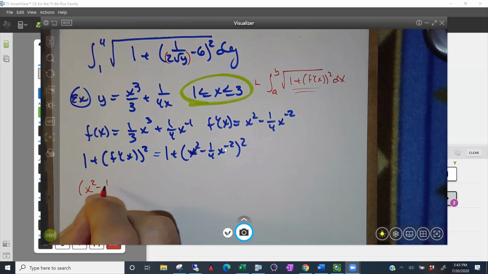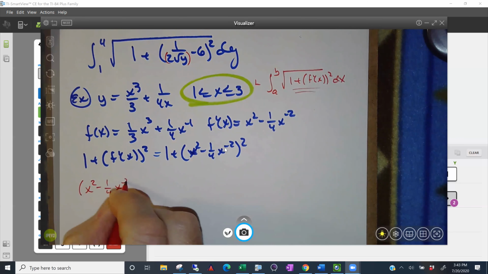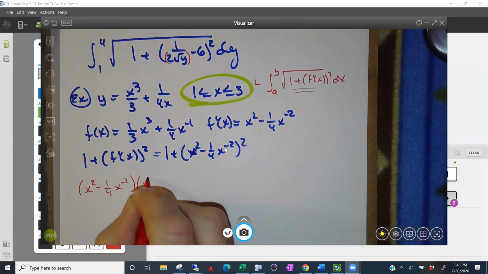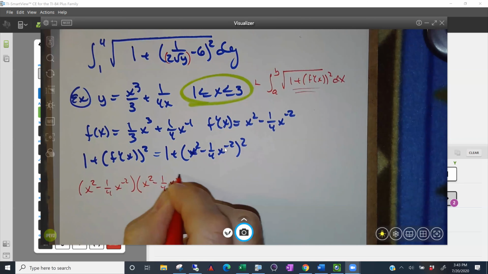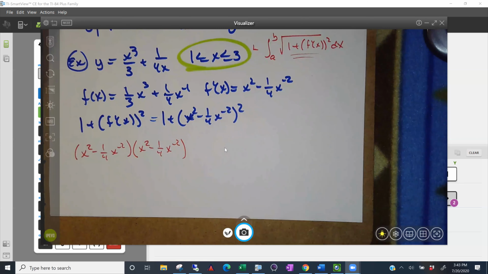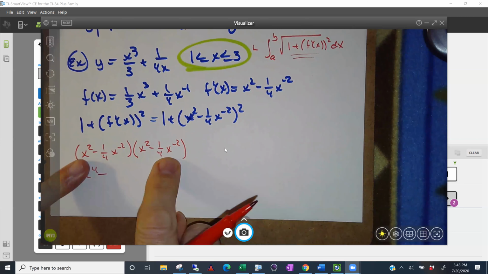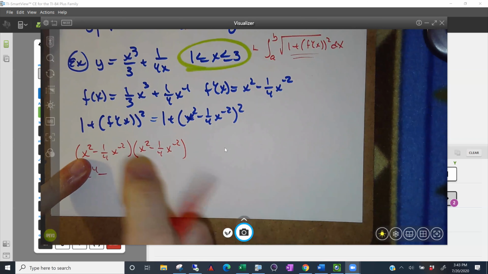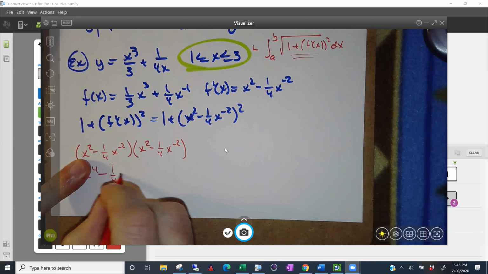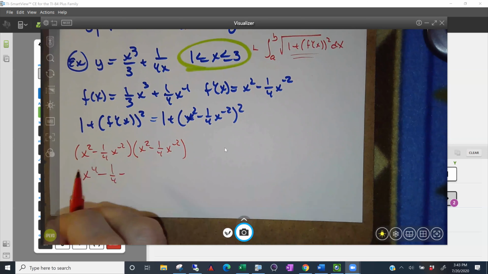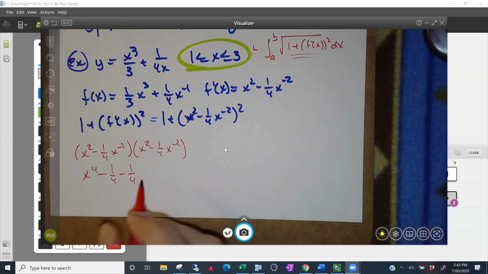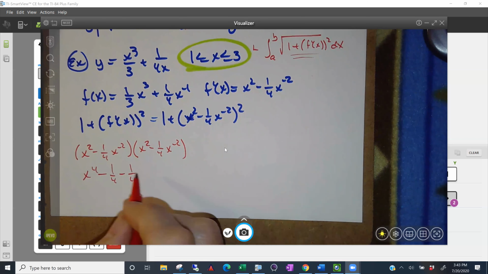x squared minus 1/4 x to the negative second times x squared minus 1/4 x to the negative second. x to the fourth, minus 1/4, minus 1/4 again. Now, why am I just getting minus 1/4? What happens to the x's? They cancel.